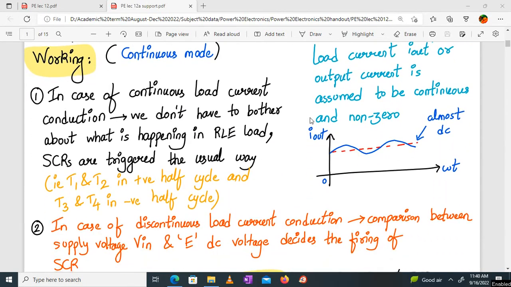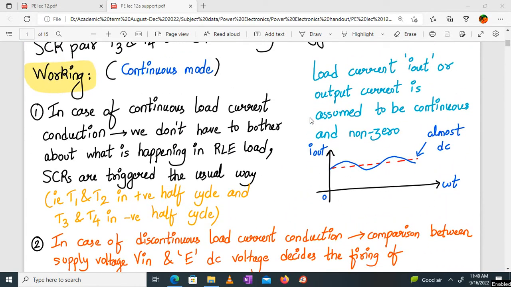There are two important statements which we have to write. Do you understand what we mean by continuous mode of operation? Continuous mode of operation means your load current never reaches zero. It's almost like a DC.